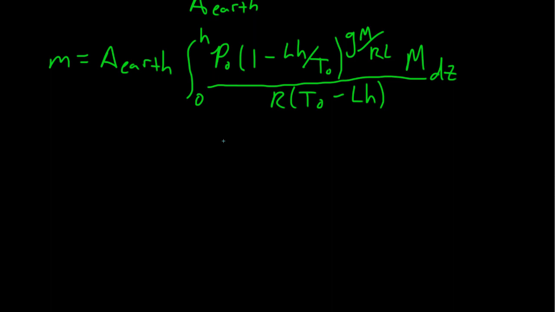In scuba diving, a rule that divers follow is that each 33 feet of depth adds the pressure of 1 atmosphere. This follows from the hydrostatic concept that we discussed in class, that pressure equals density times the acceleration due to gravity times the depth of the water.